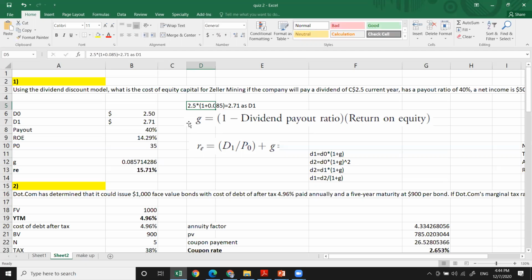Yes, I was asking about the current dividend. Thank you. But what if D2 is given to you? In order to find D1, you use the reciprocal, which is division: D2 divided by 1 plus G gives you D1. Okay, thank you. I've got this formula. Thank you very much.